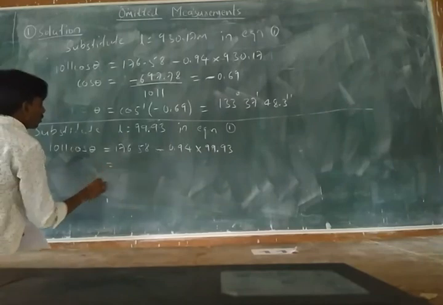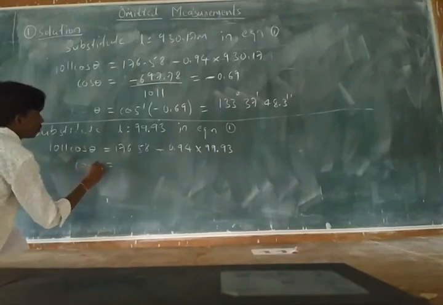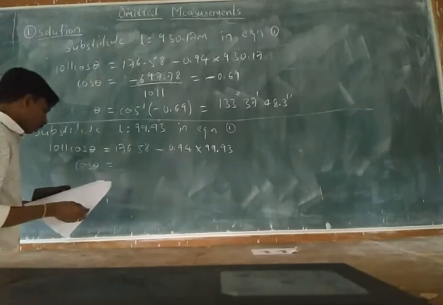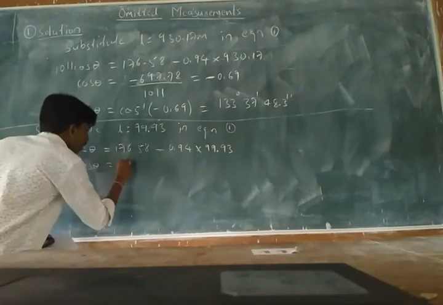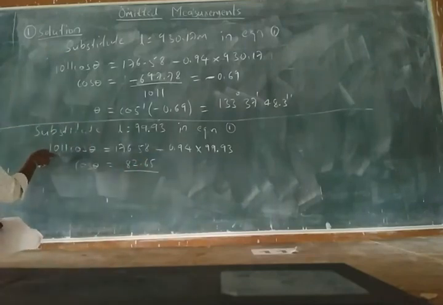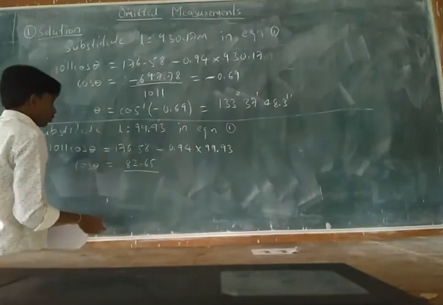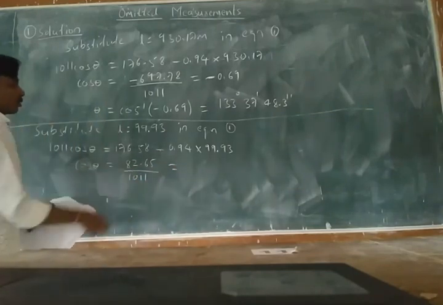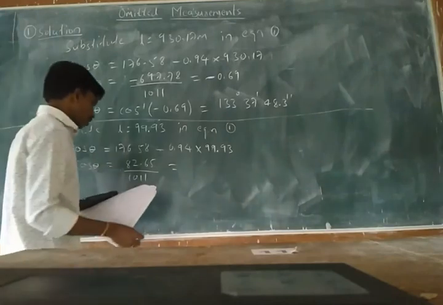Now solve this and you will get the value 82.65. That must be divided by, send this 1011 to the other side, that will go to the denominator, and you will get 82.65 divided by 1011.